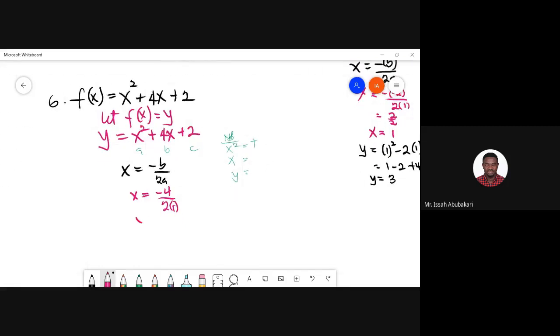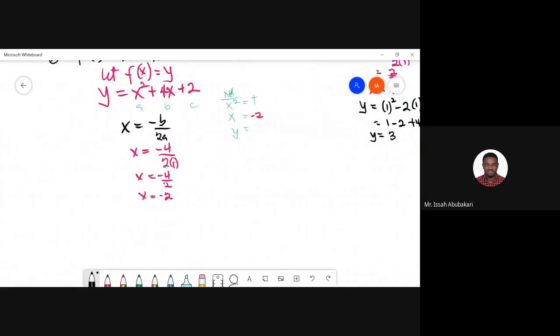Now we are going to have x is equal to minus 4 divided by 2. And we get x to be equal to minus 2. So we know our x to be minus 2 here. Now, how do we find our y? Y can be found by substituting minus 2 into the equation. So we are going to have y is equal to minus 2 squared plus 4 times minus 2 plus 2.